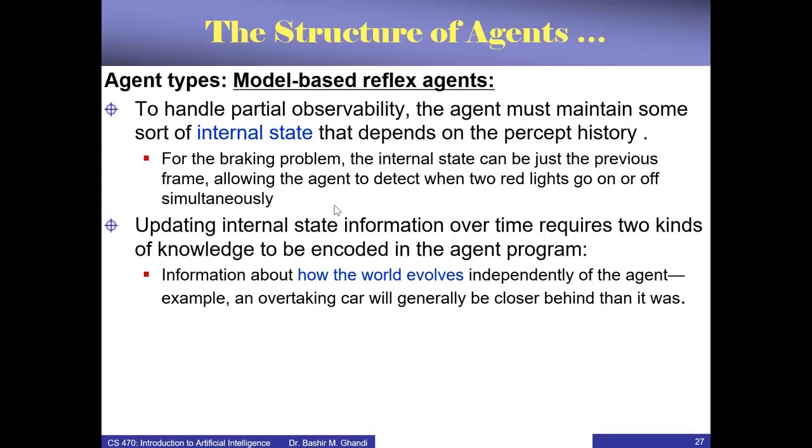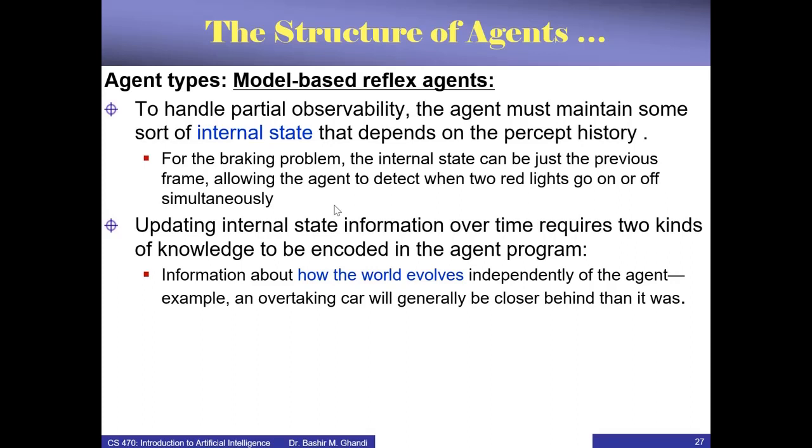One is information about how the world evolves, how the world around the agent evolves independently of the agent. For example, an overtaken car will generally be closer behind than it was some moments ago.